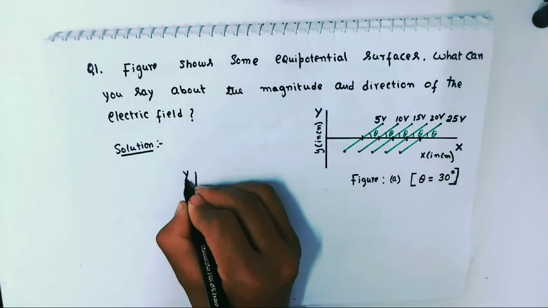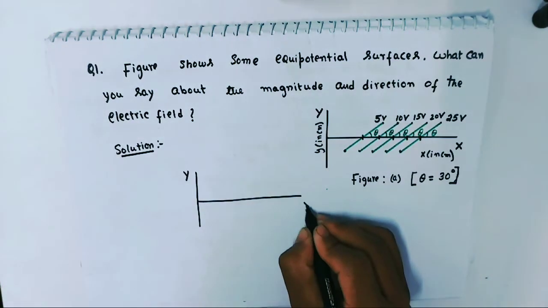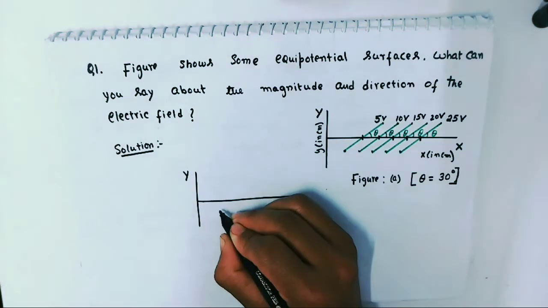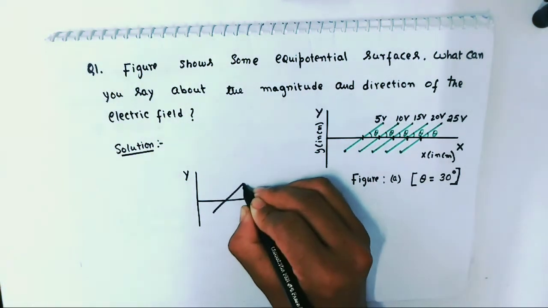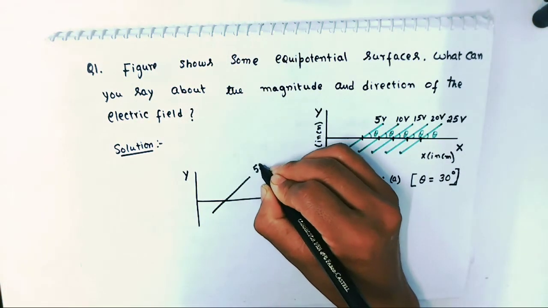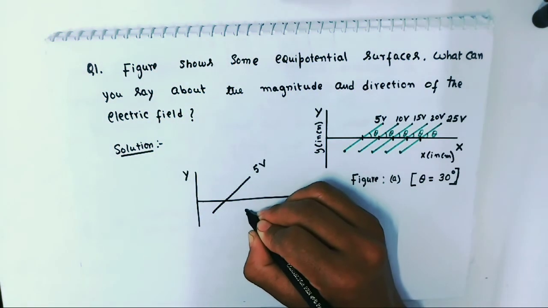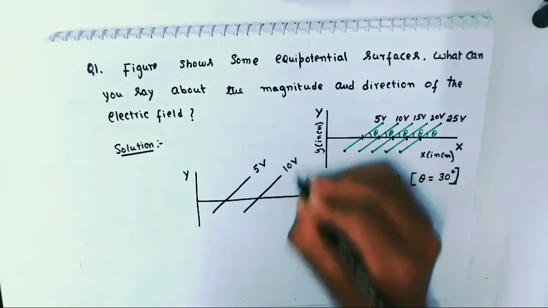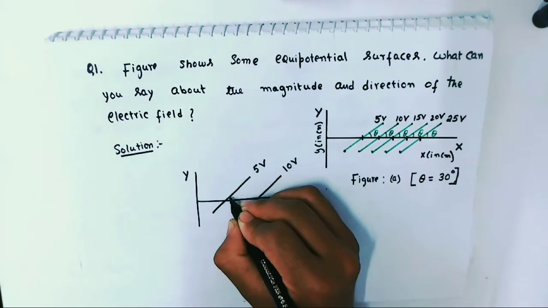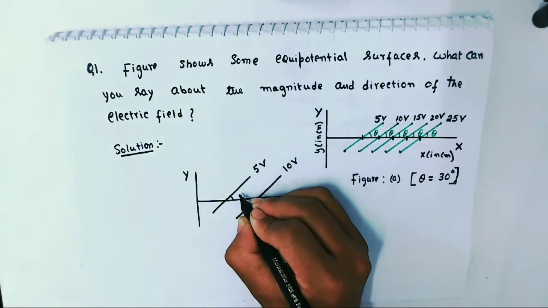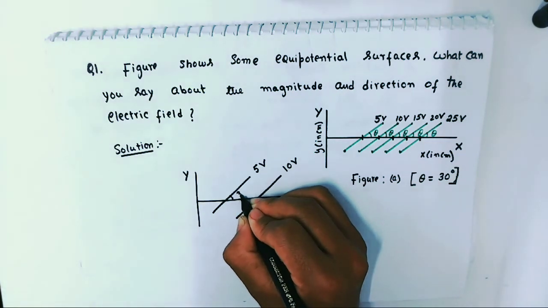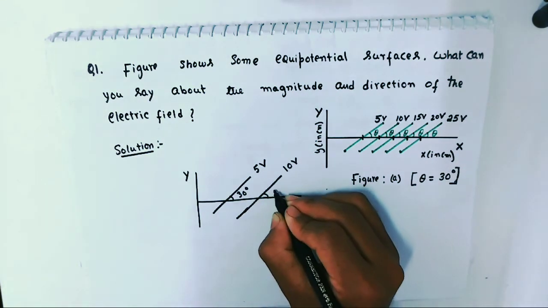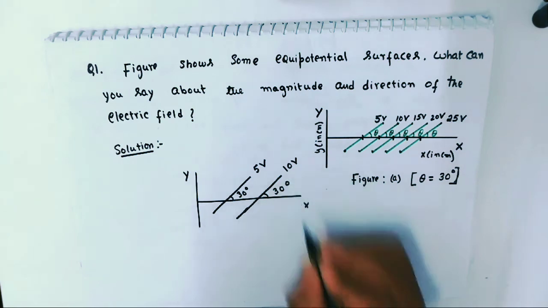Say this one is y, this one is x. Say this one is one surface which is 5 volt, and this is another surface which is 10 volt. So here it is 30 degree. This one is also 30 degree.